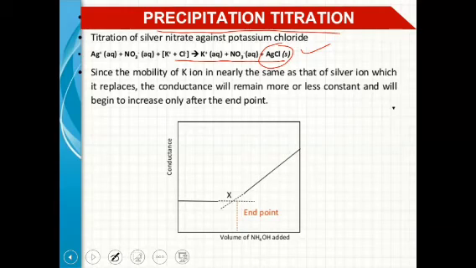Here, since the mobility of the potassium ion is nearly the same as that of the silver ion, the conductance will remain the same, constant, and it will increase only after the end point. So this is about precipitation titration.